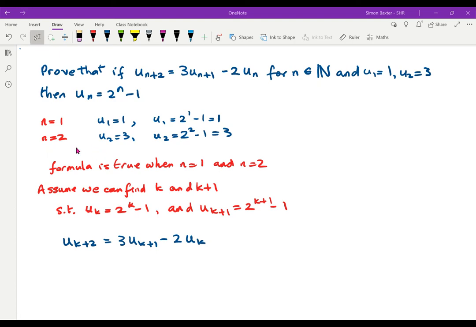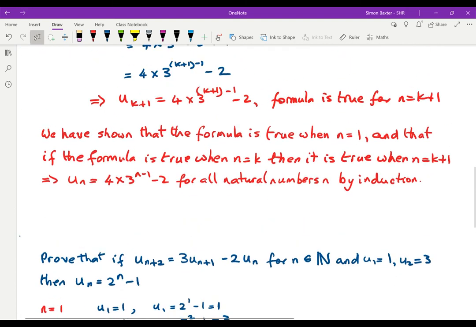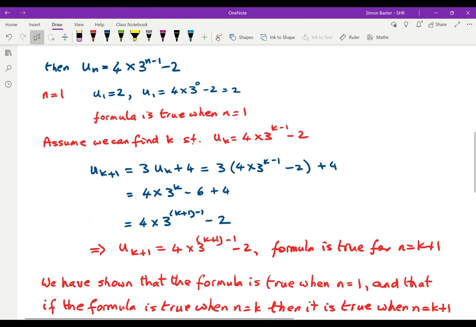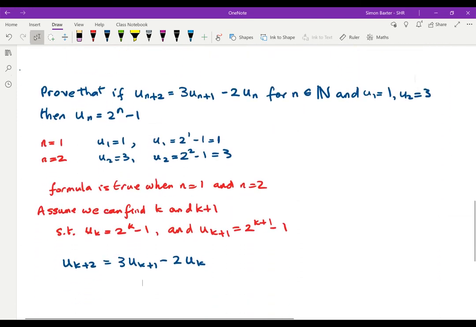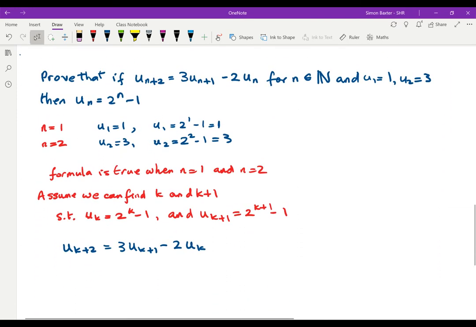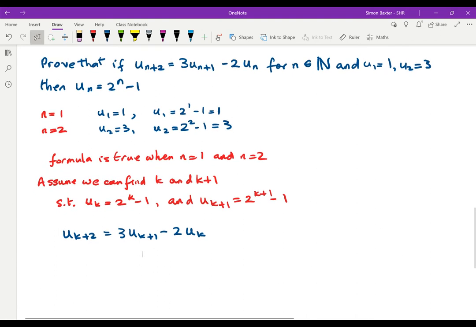In the previous example, they tell you to start with n equals 1 and n equals 2. You don't need n equals 1 and n equals 2. N equals 1 is enough. So let's go back down to where we were. We've now assumed that our formula is true for 2 values, and so we can carry on.